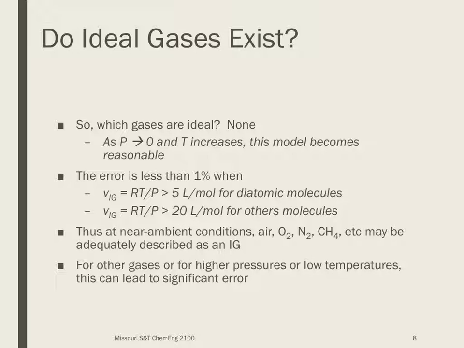So as long as the pressure is not much higher than what we experience on a daily basis, and the temperature is room temperature-ish or warmer, then typically I can consider small molecules to be nearly an ideal gas. For other gases, this can lead to significant errors, and we're going to be talking more about that in the next lesson.